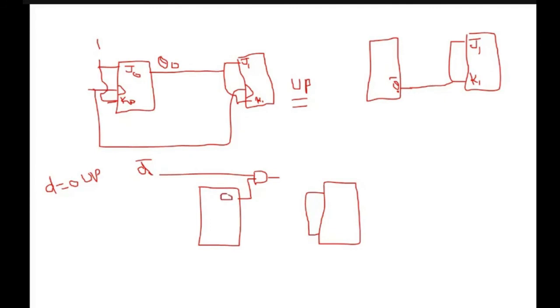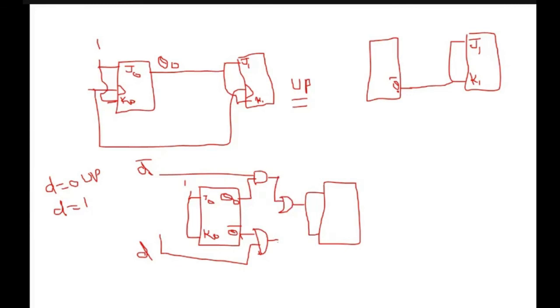So this is my Q0, and J0, K0 will always be equal. And next for down counting, again a gate, and D has to be 1 for down counting. So I will take 1 now here, I will take as a D. So this is my D, you can say. So when D is 1, it is counting down. I can use an OR gate. I will connect it here. That's all. Depending on the value of D, it is behaving as a up and down.